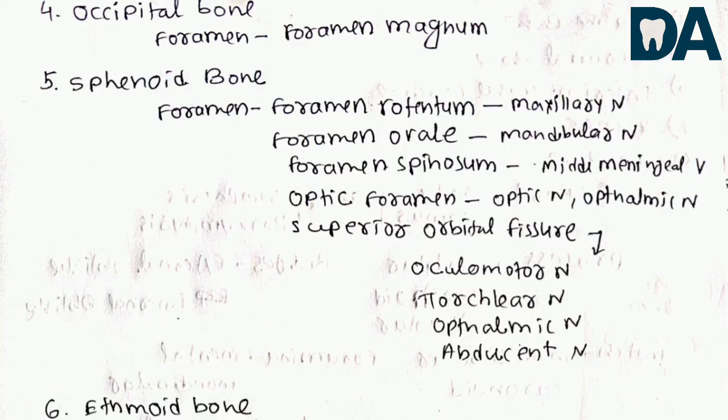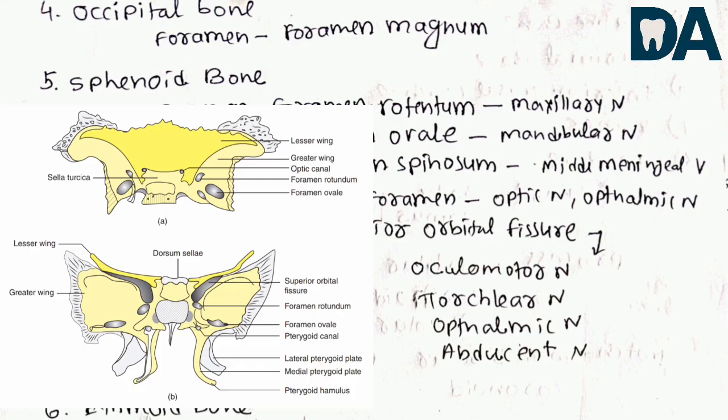Next one is sphenoid bone. The sphenoid bone constitutes a part of the anterior cranial base. It consists of a central body and bilateral projections called the greater and lesser wings that form part of the orbit.